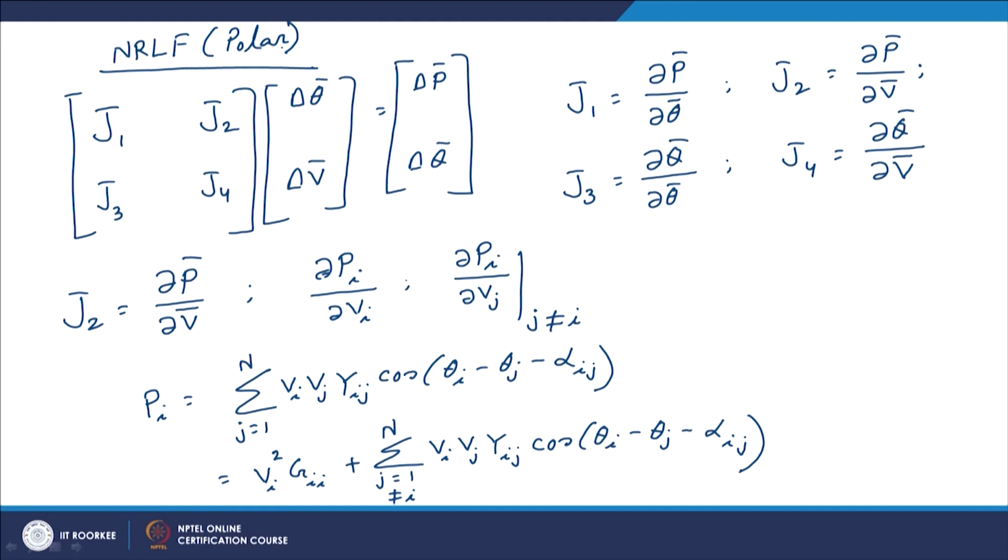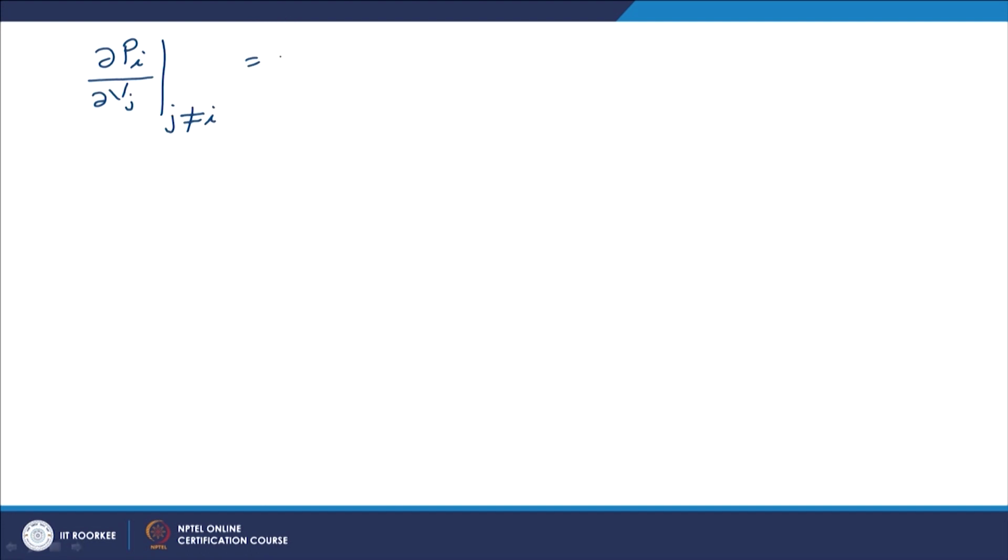We have already seen this. There will be only one term of Vj, so it would be Vi Yij cos of theta i minus theta j minus alpha ij.